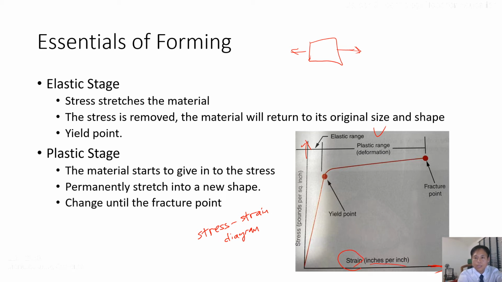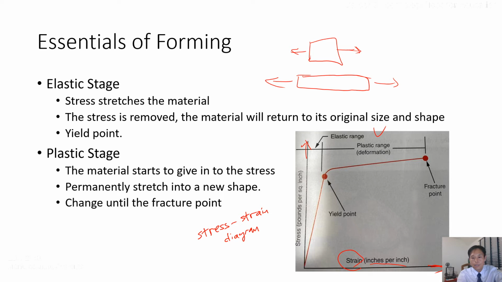If we stretch this object, it becomes longer, which means it stretched. The change of the object, or shape of the object, is the strain. So this diagram shows the material's stress and strain relationship.